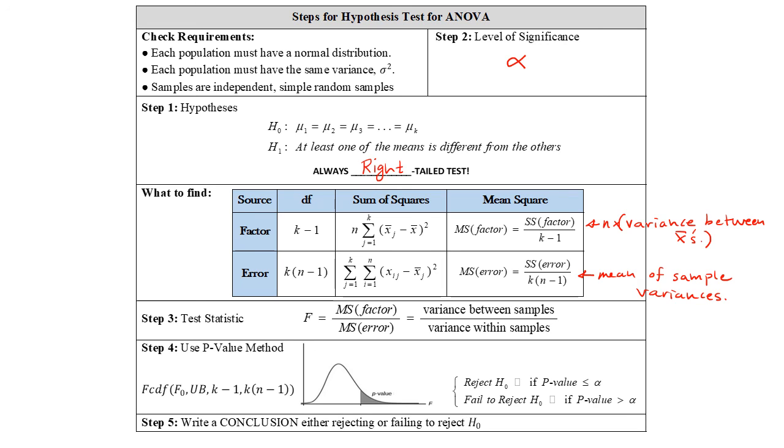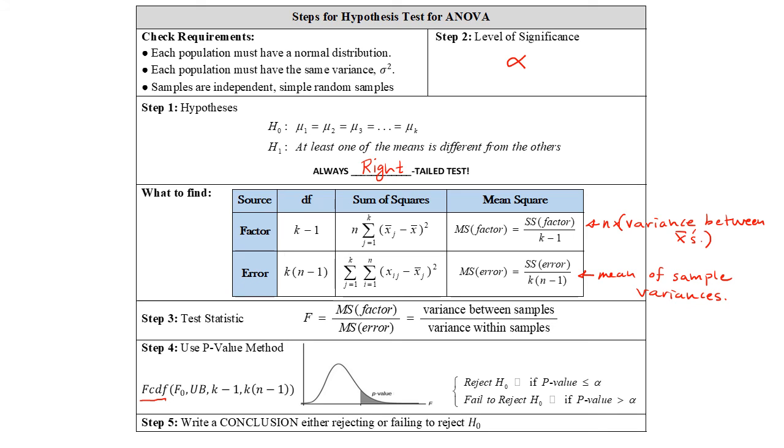Okay, so that's how you compute the F statistic, and it's going to be on a distribution that looks like a skewed right distribution, a little bit different than the chi-squared distribution, and we'll be using the FCDF to compute the area under it. Although, for the most part, I'm going to avoid doing it this way because it involves a lot of different formulas.